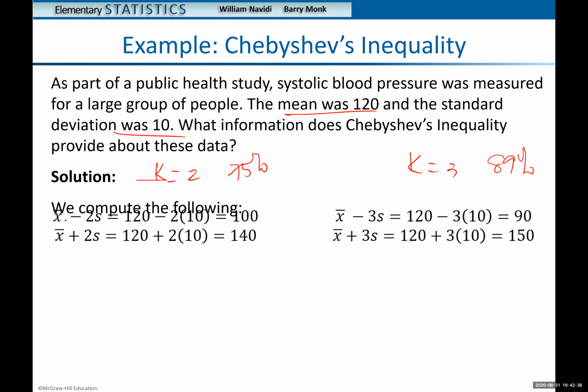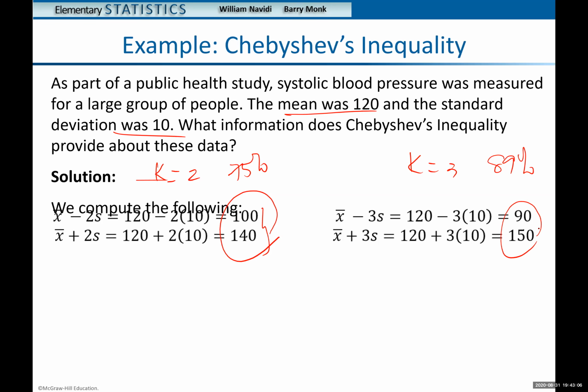So compute for x minus 2 times the standard deviation and x plus 2 times the standard deviation. Here, 120 is the mean, minus 2 times 10, 20, is 100, and 140. 3 times 10 is 30. Subtract it from 120 is 90, and 150.